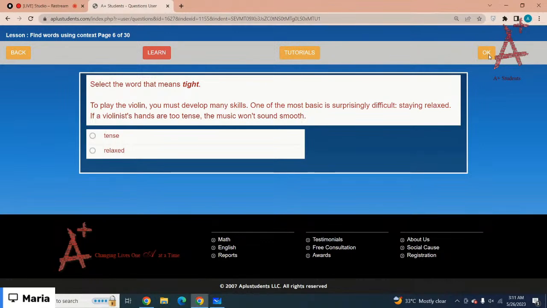You have to select the word that means tight. Yes, that would be tense. Got it? Too tense means too tight. That would be tense.